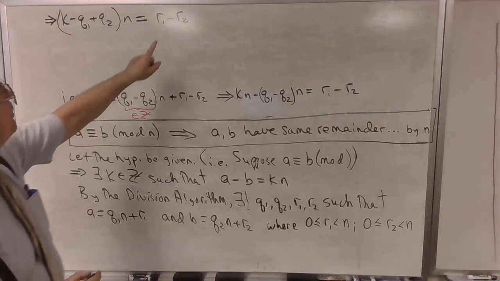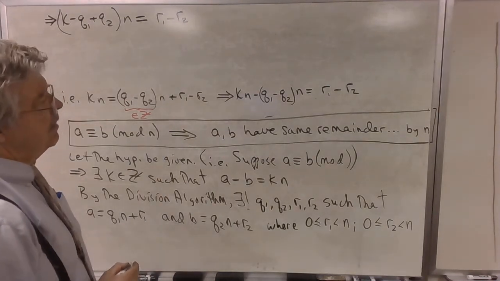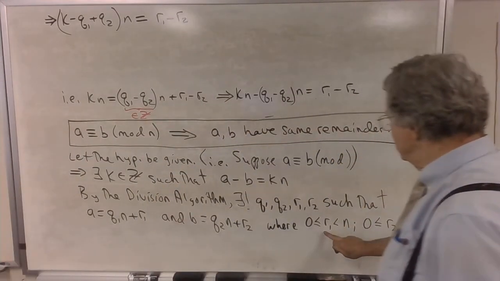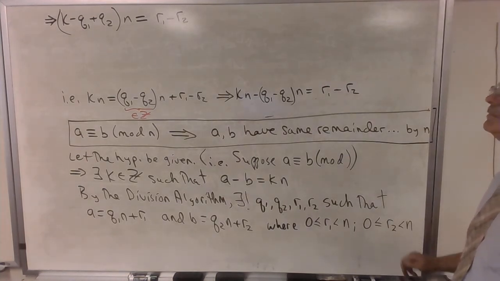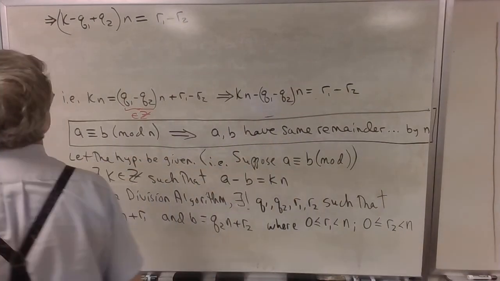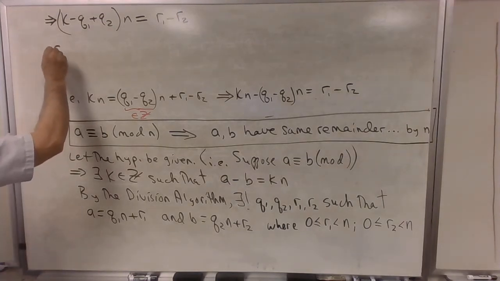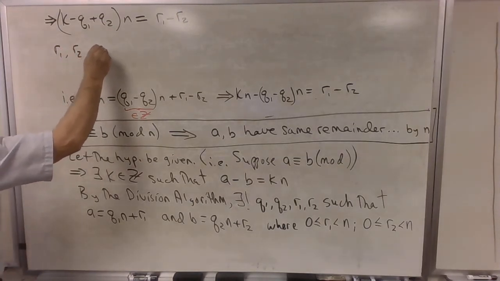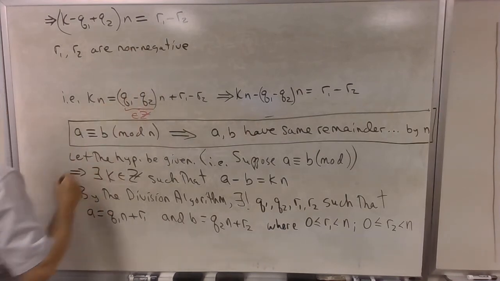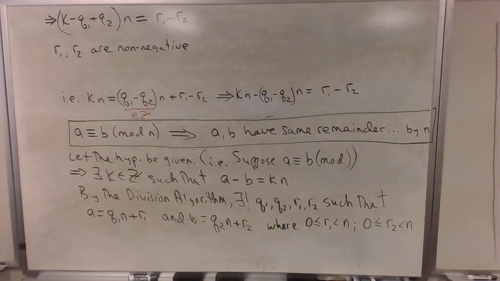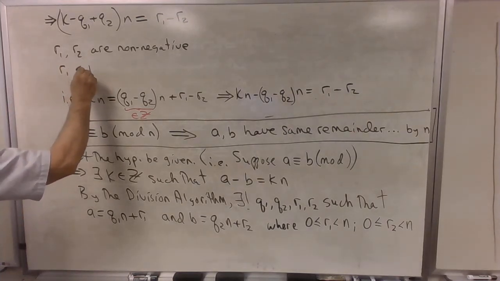But what about this thing? r1 and r2 are both non-negative. And we have r1 is strictly less than n.